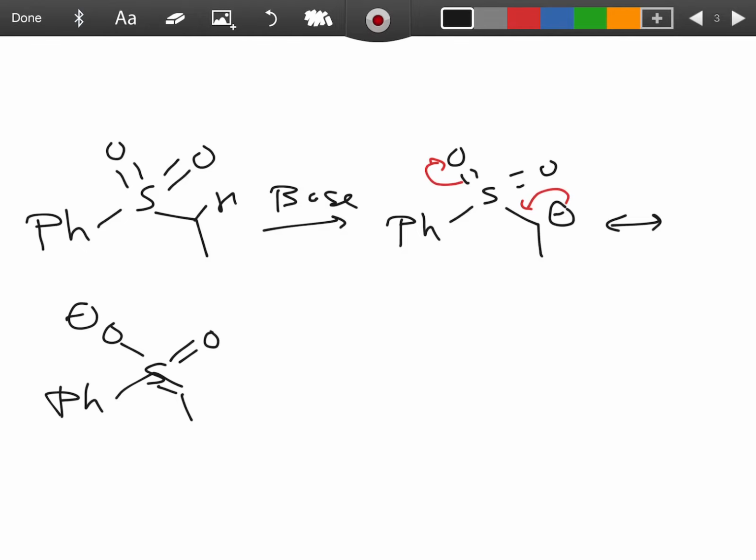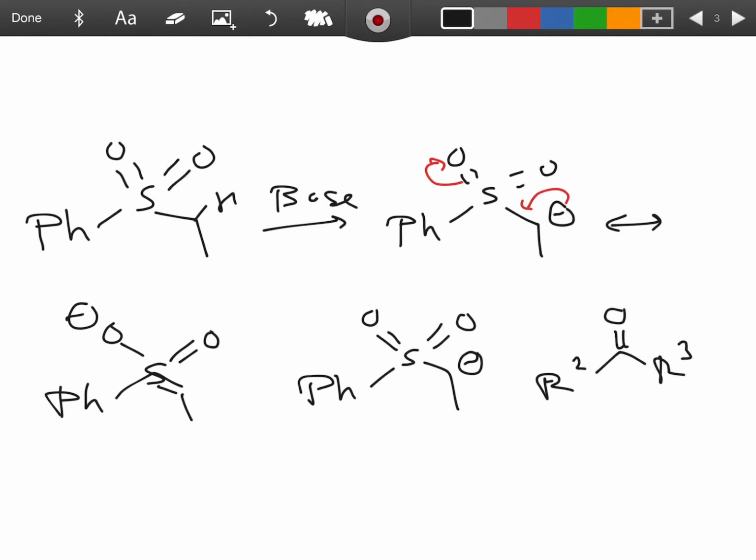But nonetheless, the reason I can deprotonate it is because it's beside this electron withdrawing group. But I can take my anion and add it to a ketone or aldehyde. It's going to just add to the carbonyl carbon, push electrons up onto the oxygen.